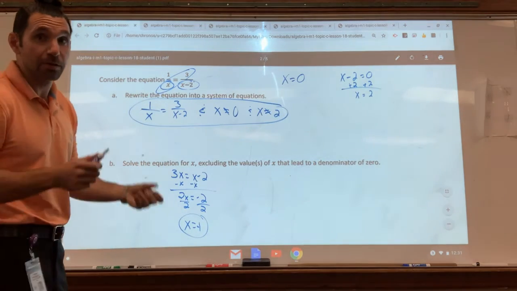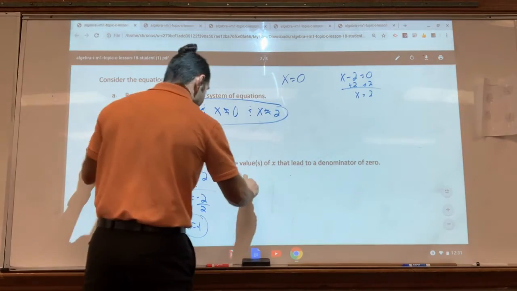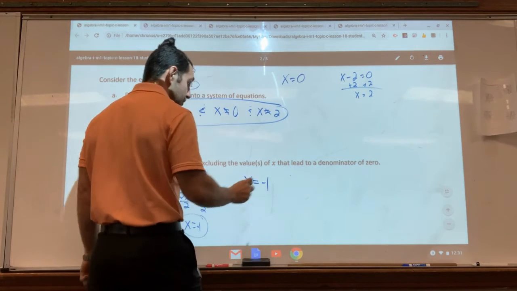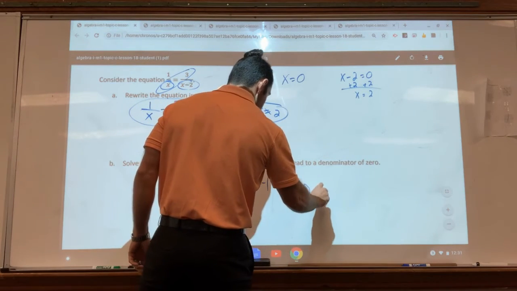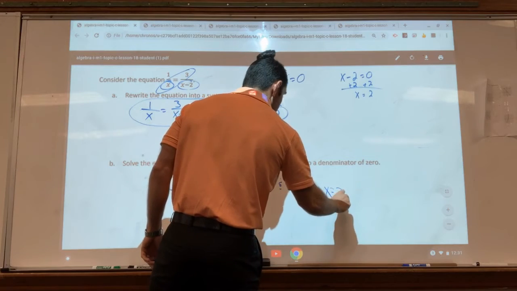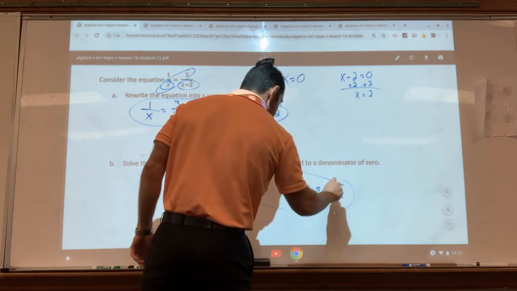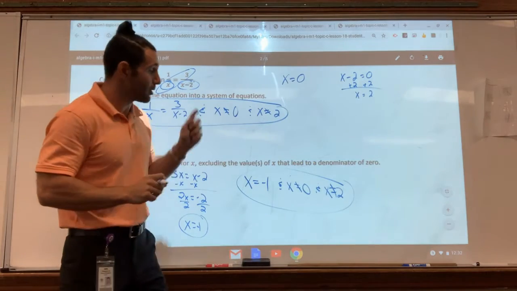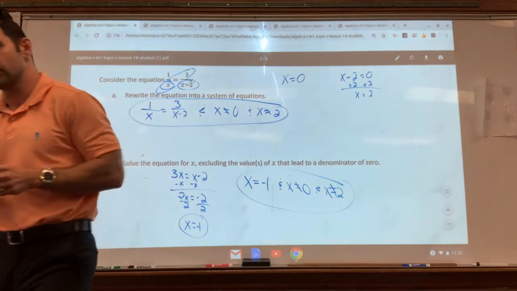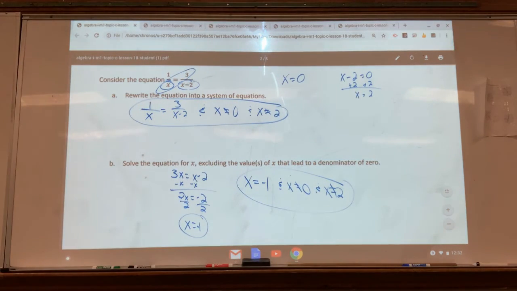Well, is that my answer? No, because you need to have your answer of what it can equal and what it cannot equal. So x equals negative 1, and x cannot equal 0, and x cannot equal 2. You have to show what it can be and what it can't be.